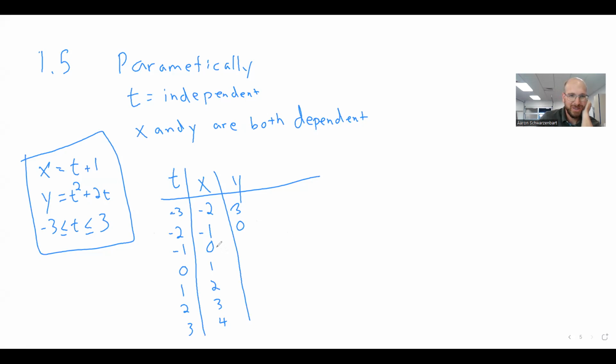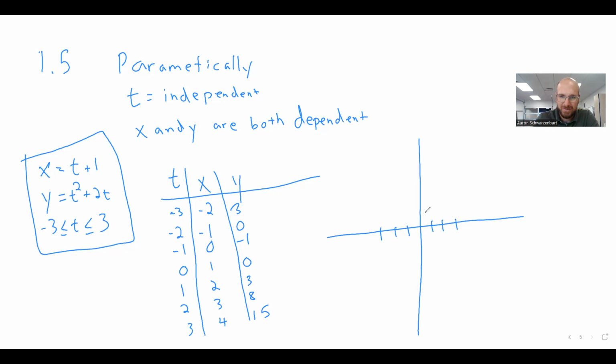Plus 2 times -1, that's 1 plus -2 is -1. 0 is 0. 1 squared plus 2 times 1, that's 1 plus 2 is 3. 2 squared is 4, plus 2 times 2 is also 4, that's 8. 3 squared is 9, plus 2 times 3 is 6. 9 plus 6 is 15. So I'm going to plot these points on my XY plane. So each one is going by ones.